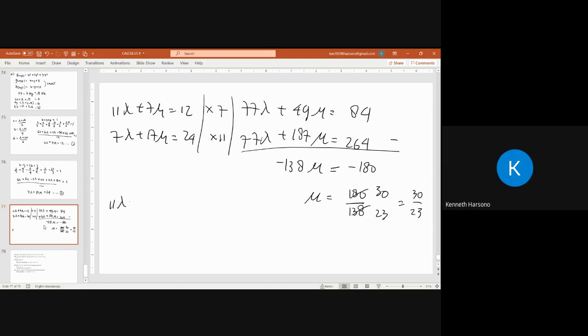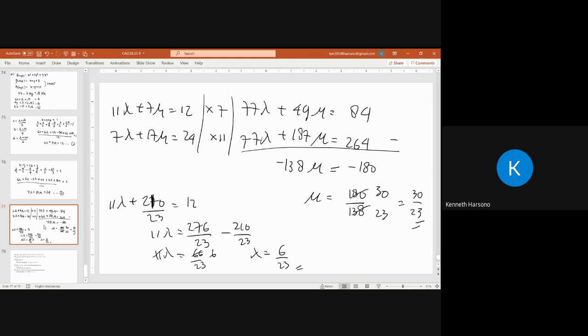So 11 lambda plus 210 over 23 is equal to 12. 11 lambda is equal to, multiply this one with 23, 276 all over 23 minus 210 over 23. And this one is 66 over 23, equal to 11 lambda. Lambda is, this one is 6, so lambda is equal to 6 over 23.